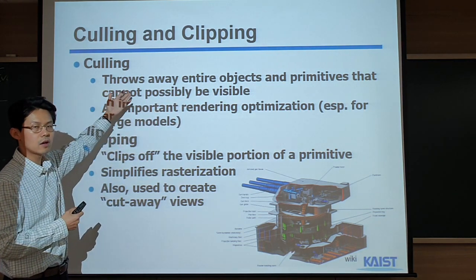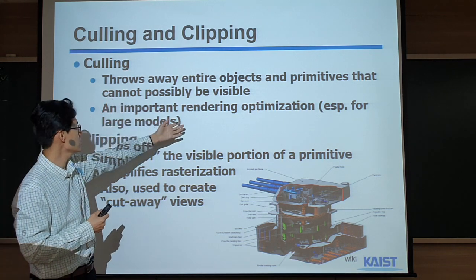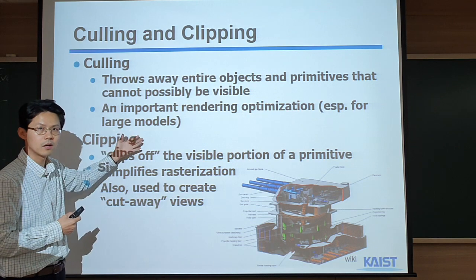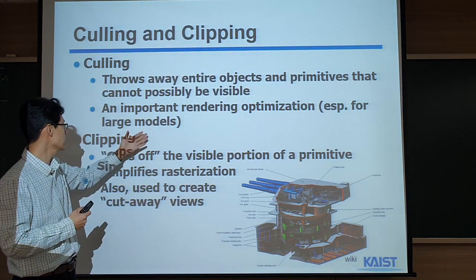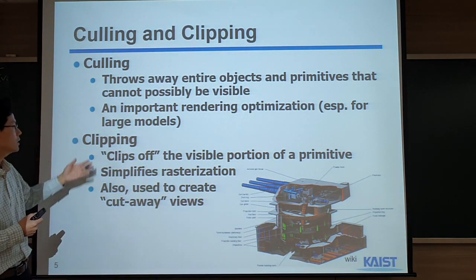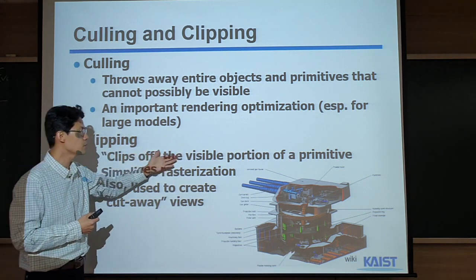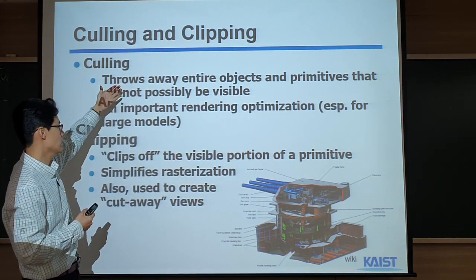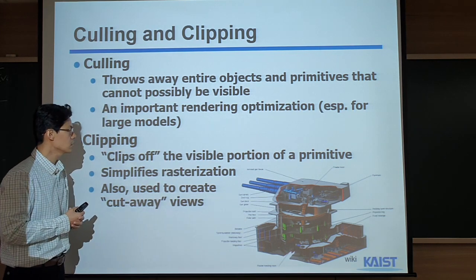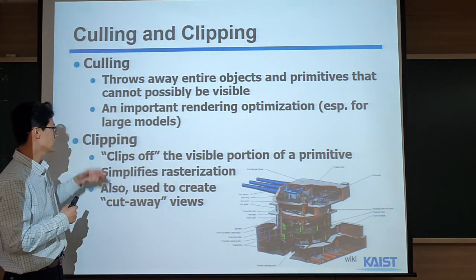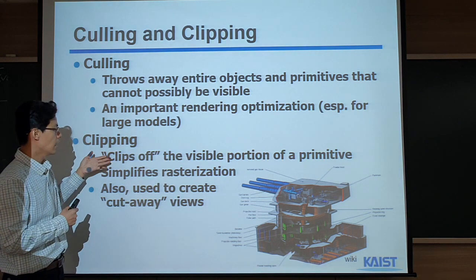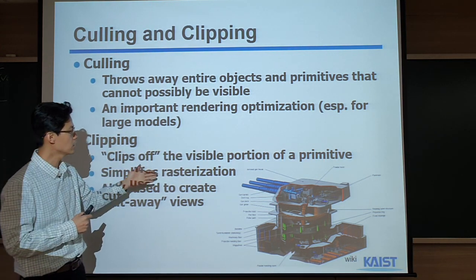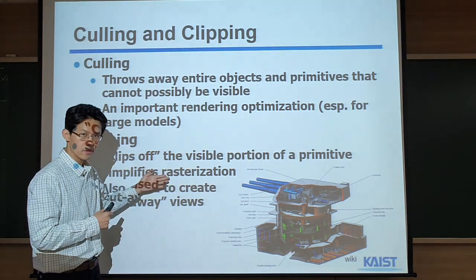Culling is commonly used as a rendering optimization, especially for large models that consist of many triangles. On the other hand, clipping clips away the invisible portion of the primitive, which is different from culling operations, right? In this class I will mainly talk about clipping as a very simple method that also simplifies many of the rasterization processes.